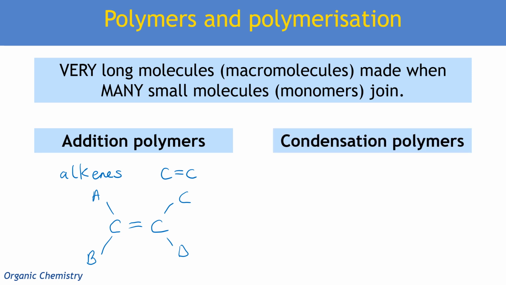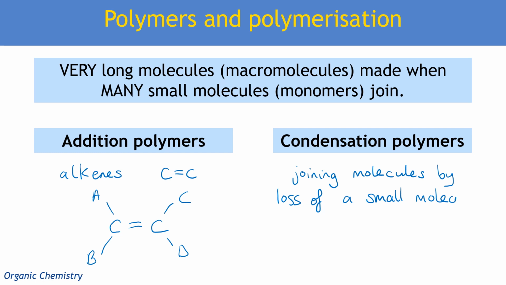That affects their chemical reactivity, and we'll have a look at that when we look at addition polymers in more detail. And then condensation reactions: we should have come across them at GCSE, and we come across them at A level, usually towards the end of the first year, beginning of the second year. In a condensation reaction, this time we're joining molecules by loss of a small molecule. It doesn't have to be water.